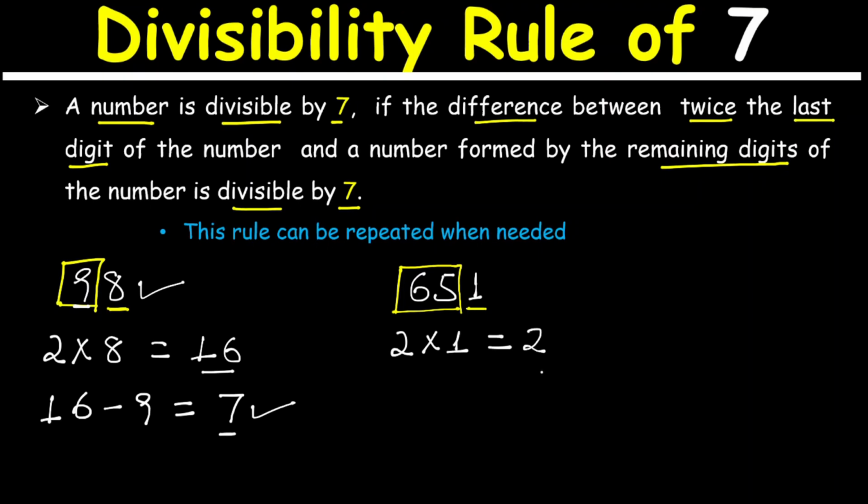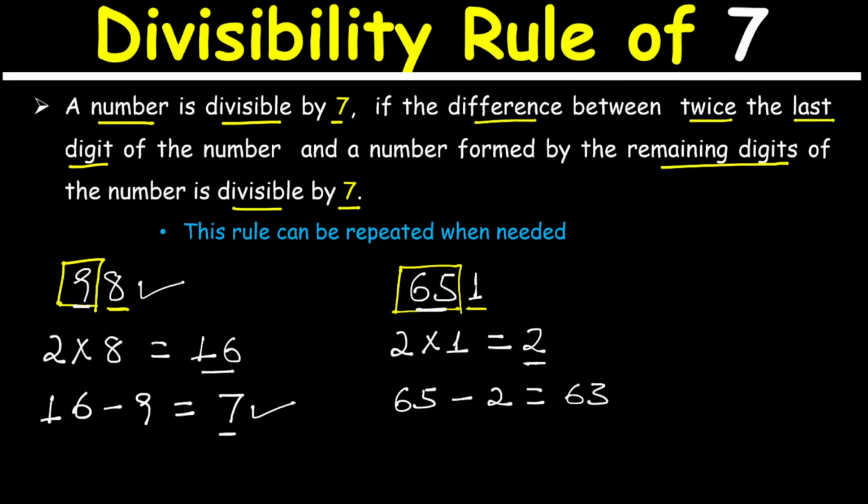Now, let's calculate the difference between 2 and 65. When you calculate the difference, always subtract the smaller number from the larger number. 65 is larger than 2, right? Therefore, 65 minus 2 is equal to 63.